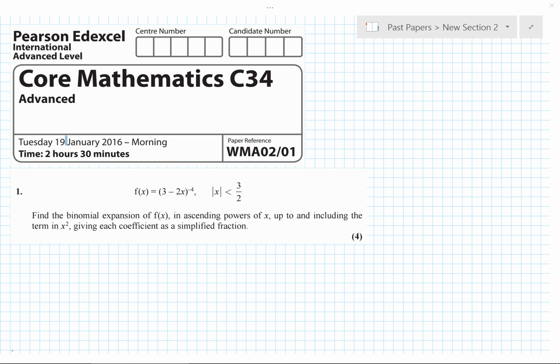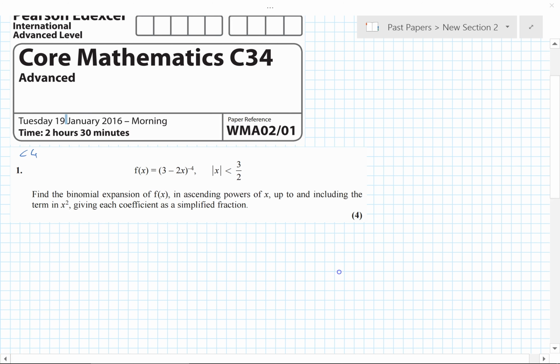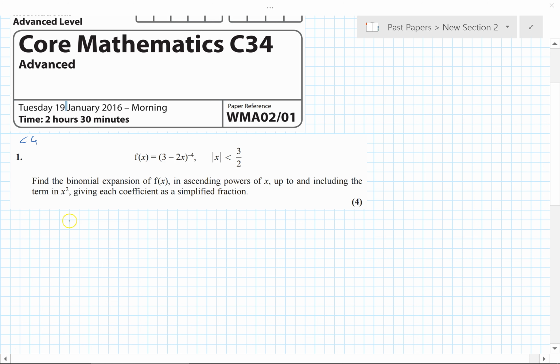The first one would be a C4 question because it's binomial. There is a binomial in the C2 formulas. There is the binomial expansion written. I don't know exactly how it's written, but it's probably something like this: 1 plus nx, and I'm not sure if they put the 1 factorial underneath there or not.